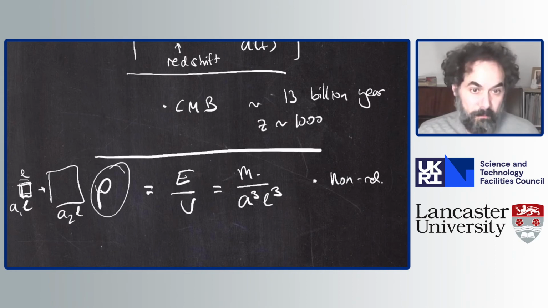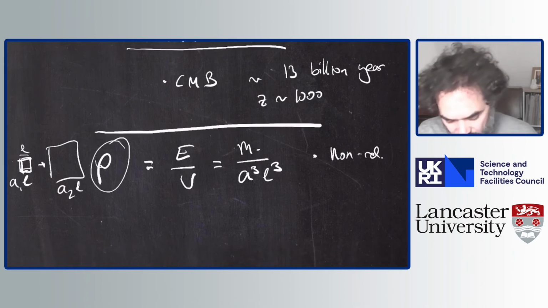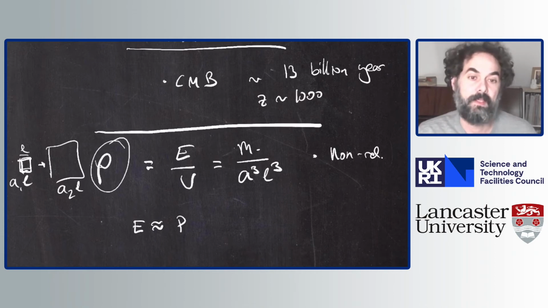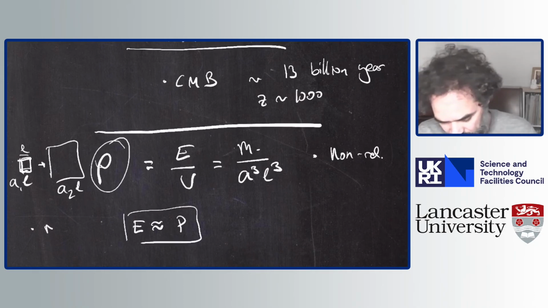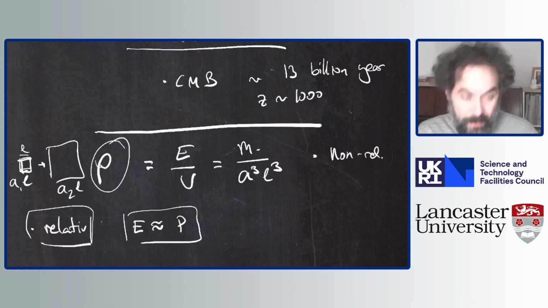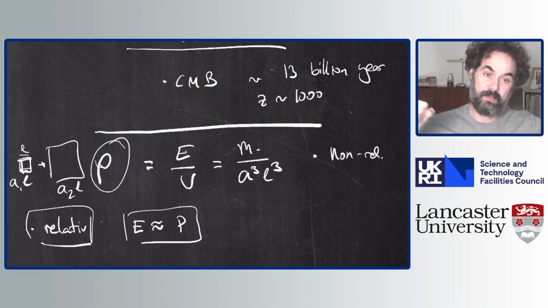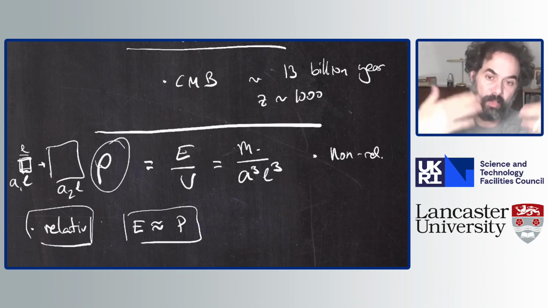For massless particles, or for the relativistic case, the only thing that changes is that the energy is now given by the momentum, or if you want, 1 over the wavelength of this object. As you stretch this wavelength, because the universe is expanding, the momentum also is modified.